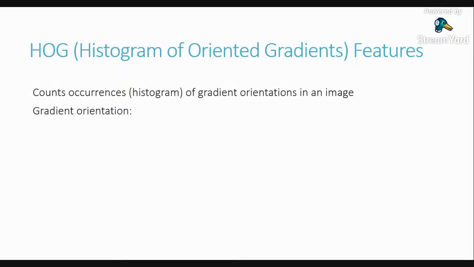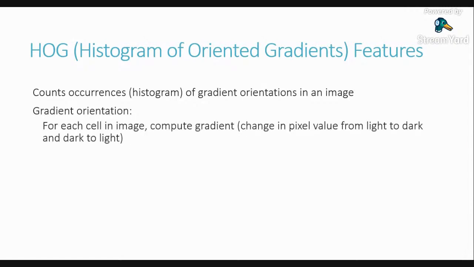Let's see what HOG is, which stands for histogram of oriented gradients. It counts occurrences of gradient orientations in an image. So what is a gradient orientation?